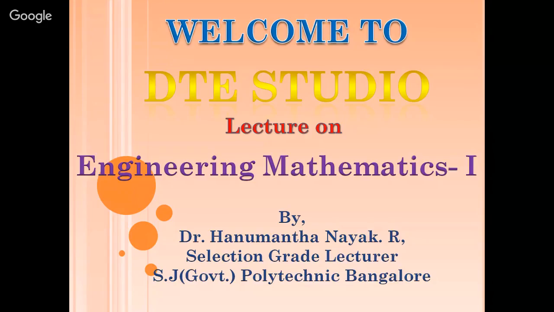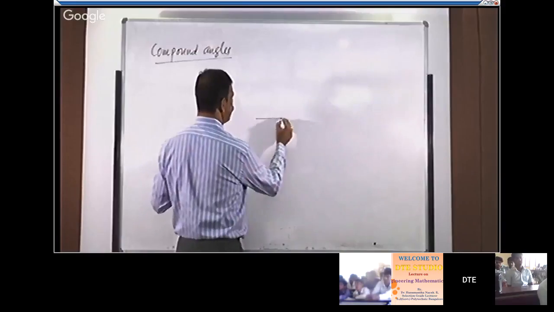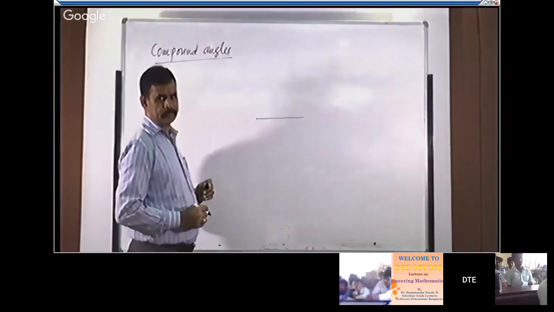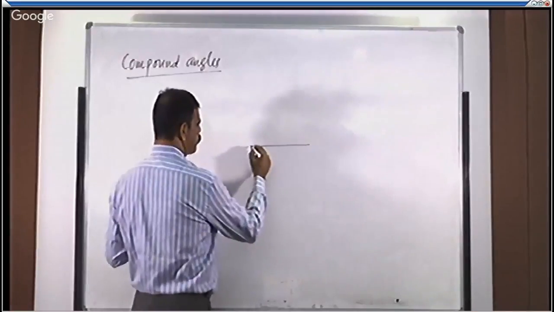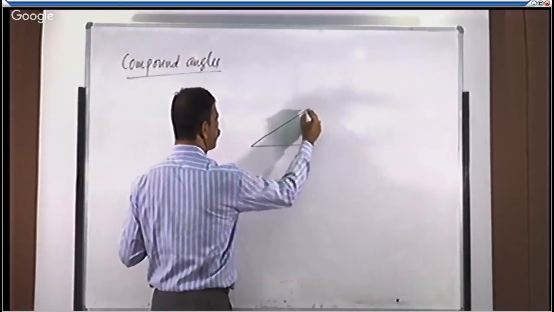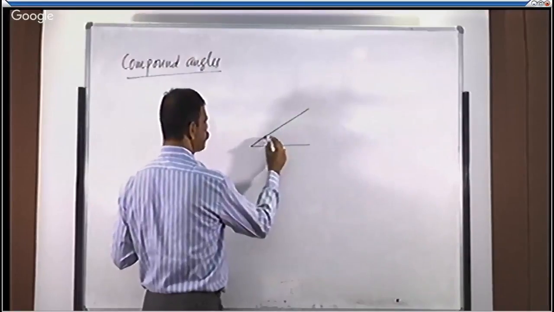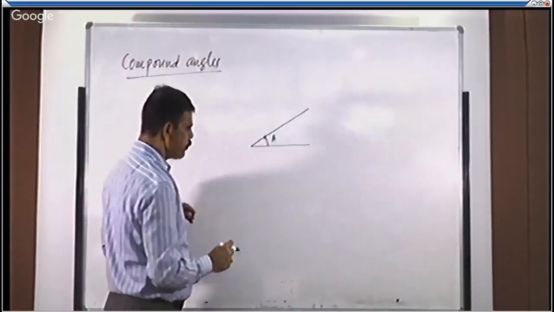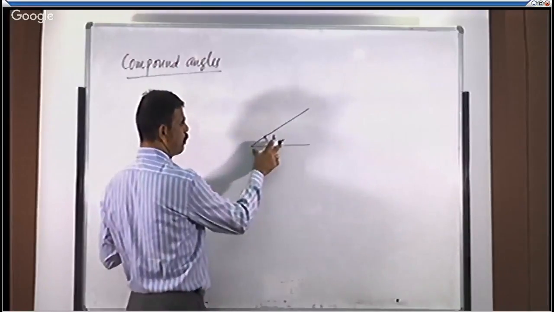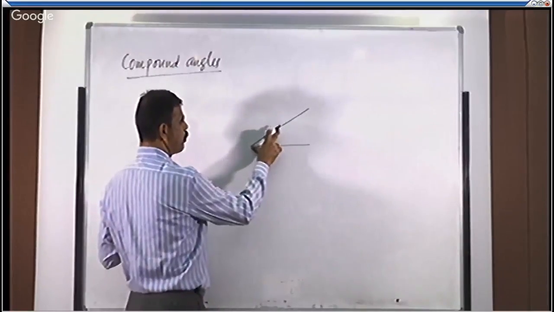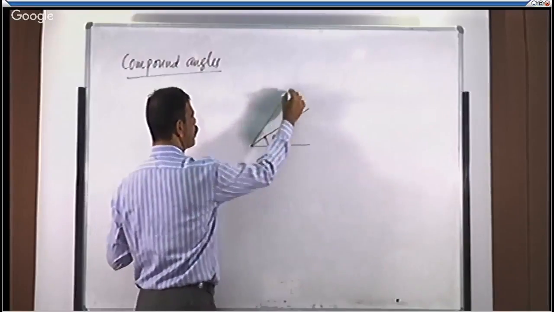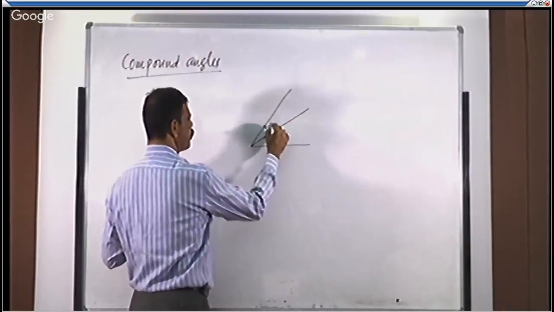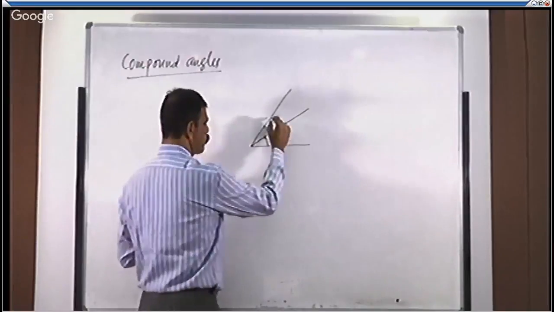In this class, we shall discuss compound angles. Say a line is rotating. In the first interval of time, it covers a certain angle, say A. And further, the line of vector, or we can say simply the line, rotates further and makes another amount of angle, say B. What is the total angle?